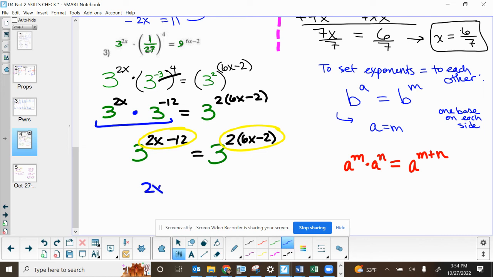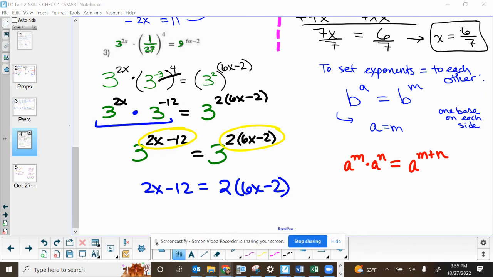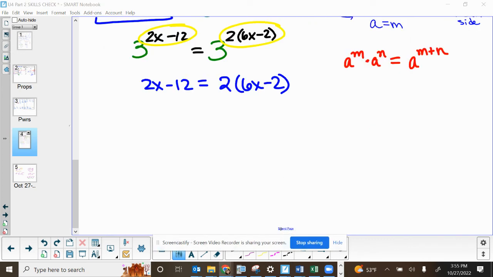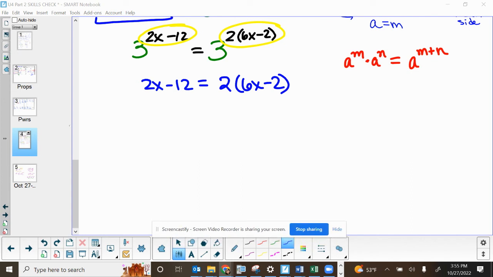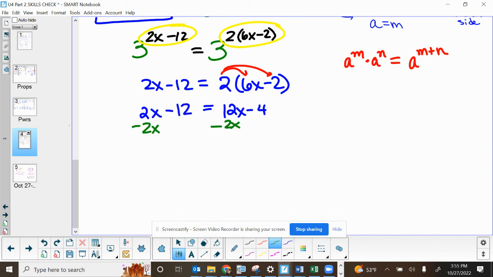So I have 2x minus 12 equals 2 times 6x minus 2. So that gives me, if I distribute that, 12x minus 4. And I will subtract 2x from both sides, and add 4 to both sides.